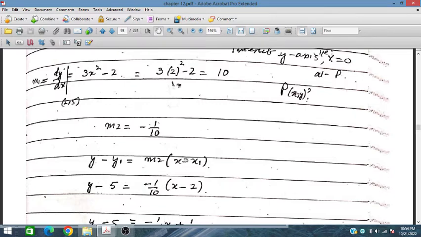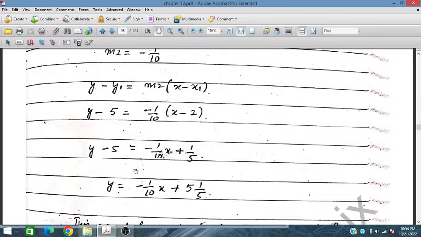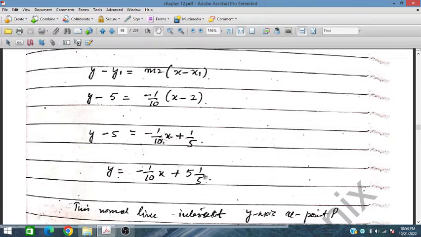this equation becomes y minus 5 equals minus 1/10 times (x minus 2). On simplification, we get y as this.